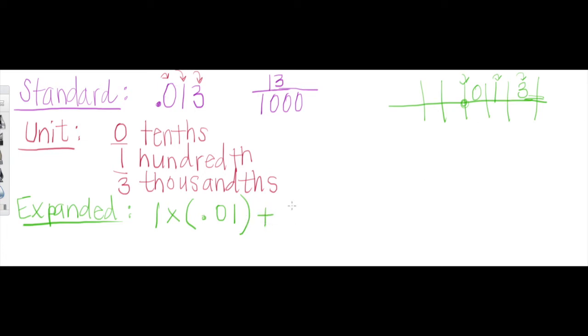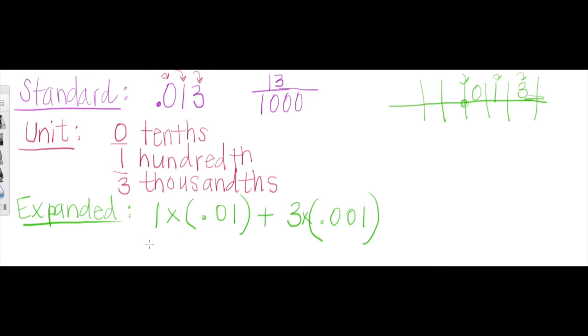We're going to add to that 3 copies of 1 thousandth. Okay, so we have 1 copy of 1 hundredth. Here you can see we have 1 hundredth. And then we have 3 copies of 1 thousandth. Here we have 3 thousandths. So that's the decimal form of our expanded form.